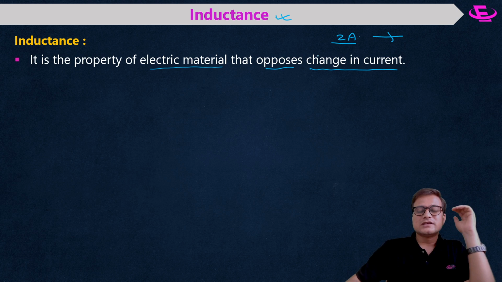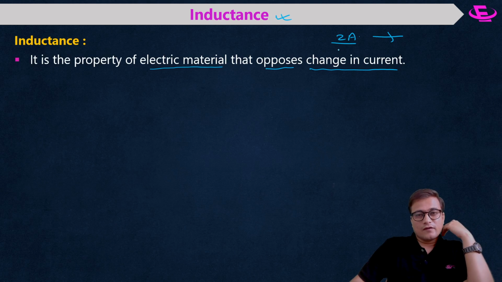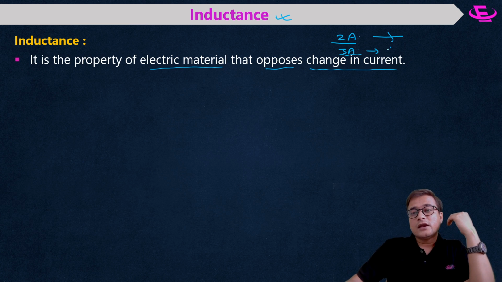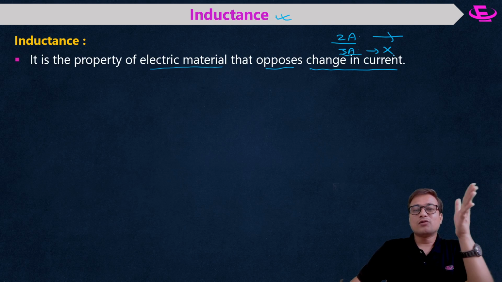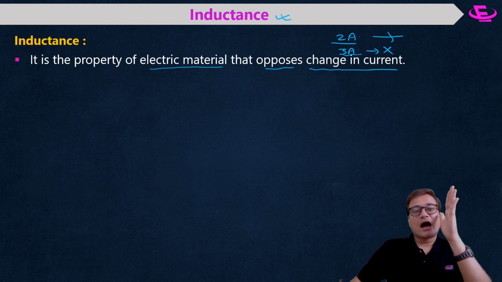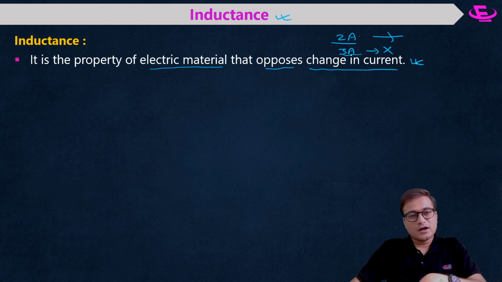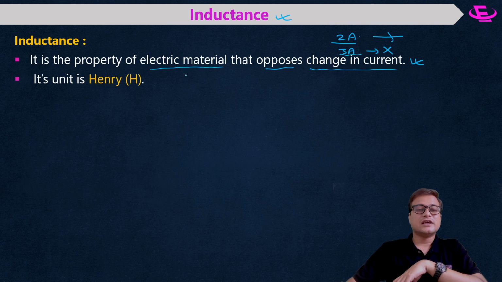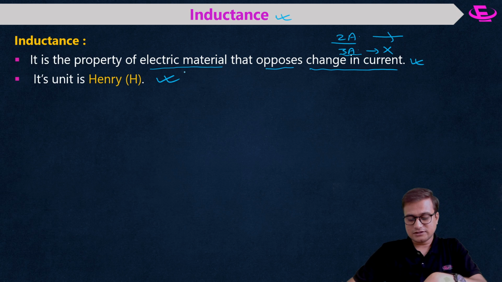Now if with some arrangement you suddenly try to change the value of current to 3 ampere, then the inductor will oppose. It will say that I won't let you change the current suddenly. So that is called the property of an inductor, inductance. Its unit is Henry, the name of a scientist.